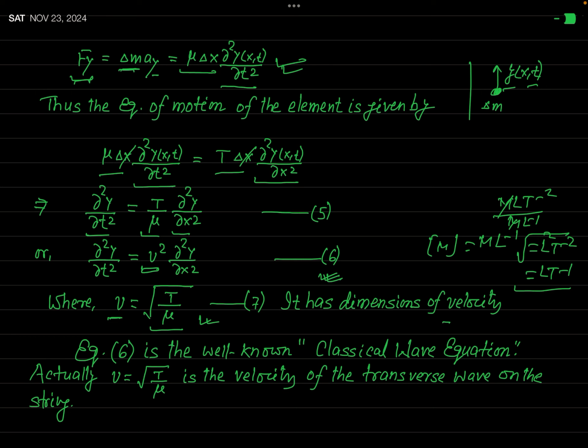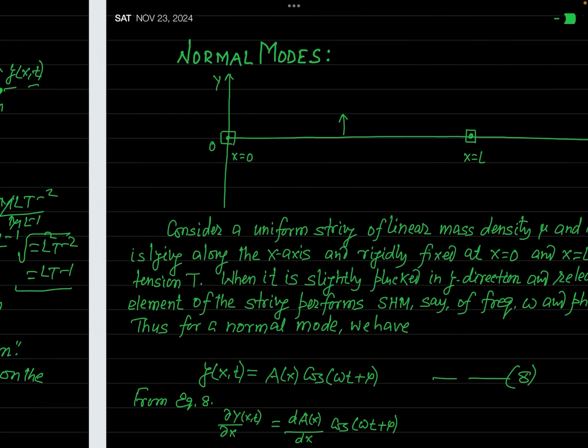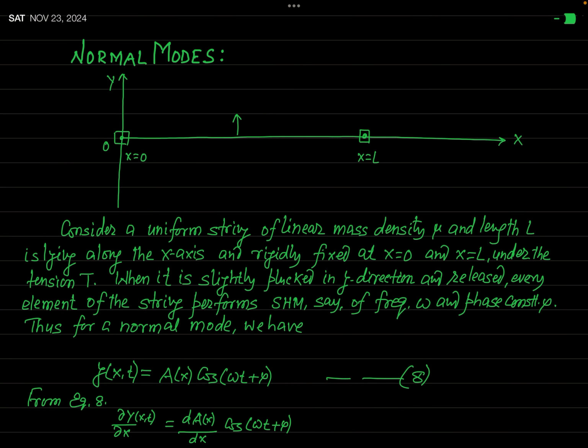The basic problem is to find the normal modes of vibration of this string. So now let us try to find the normal modes, normal mode frequencies and shapes of modes of this vibrating string. For this, let us consider that the string is rigidly fixed at two points.